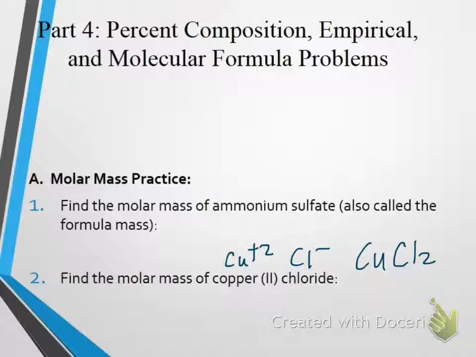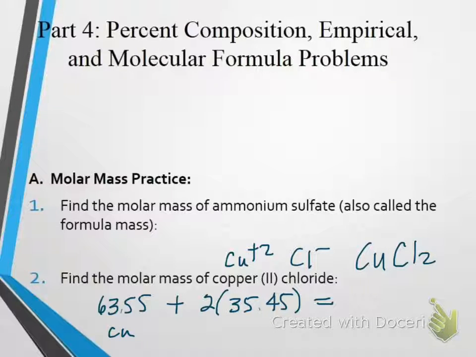So copper is 63.55 plus 2 times 35.45, that's chlorine. And I get 134.45 grams per mole. Okay?